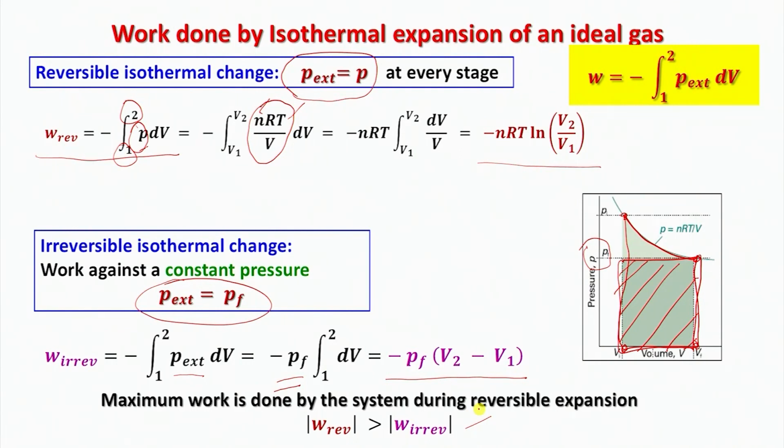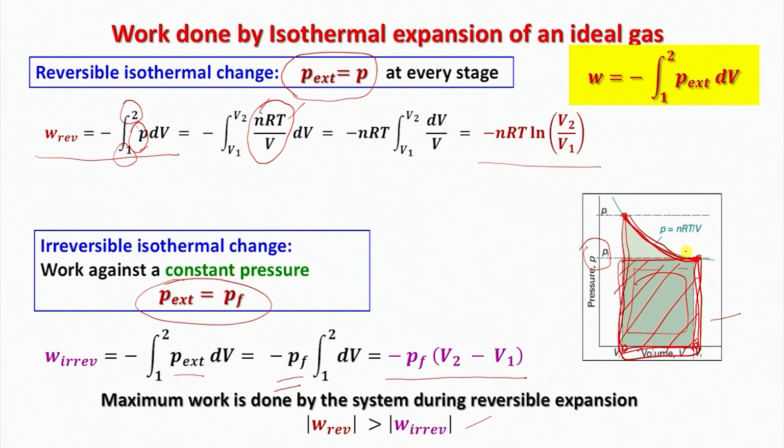And I arrive at this conclusion by a visual comparison of the two areas. One, this hatched area, another is this entire big area under the curve, where this portion is nothing but how pressure is varying at every stage when the volume is infinitesimally adjusted in the process of reversible isothermal change.